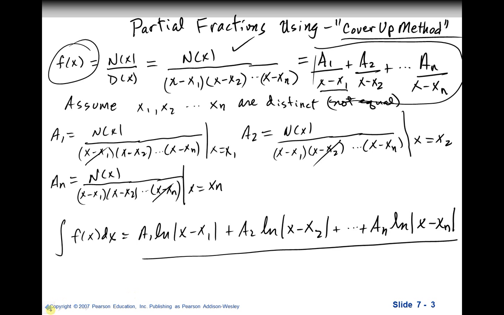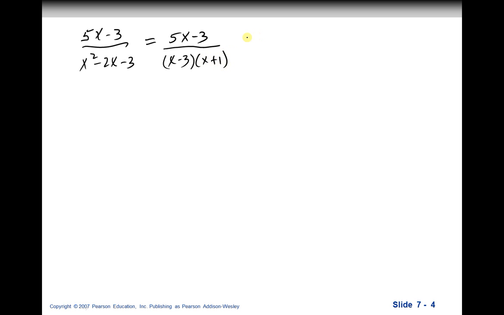Now, just to illustrate what we did earlier this afternoon, the particular example we looked at, f equals 5x minus 3 divided by x squared minus 2x minus 3 equals 5x minus 3 divided by x minus 3, x plus 1, and we believe that can be written as a over x minus 3 plus b over x plus 1.